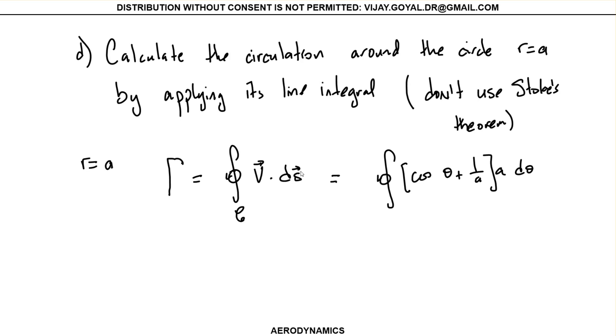I take the dot product, and a is a constant. So this whole thing would be from 0 to 2 pi, I'm going to close the loop, of cosine of theta plus 1 d theta. If you evaluate this whole thing, you get this equal to 2 pi.